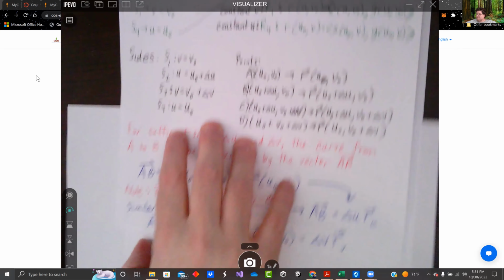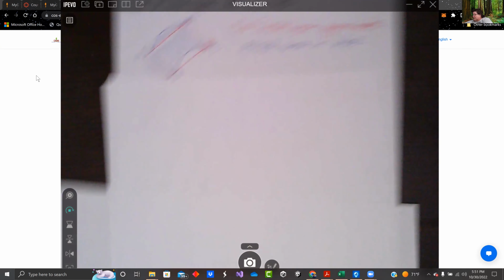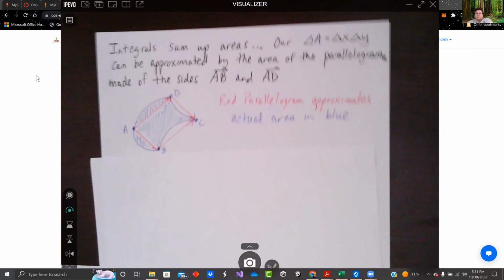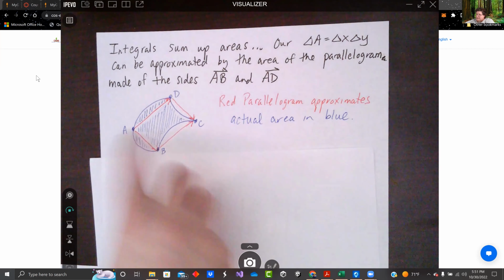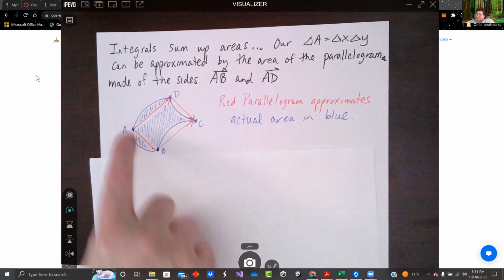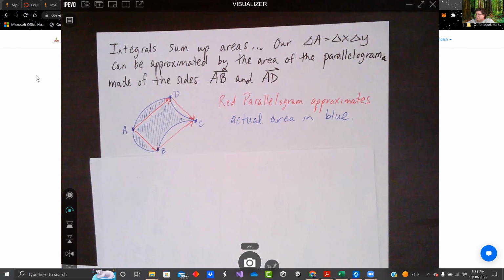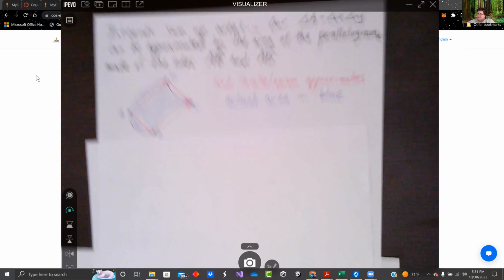So let's bring that up on the next page. Take a look at it. I redrew the picture. So AB is like this, AD is like that, and they approximate these curves as delta goes to 0. The actual area we're looking at is the blue area, but we can make a parallelogram out of it, and we can approximate the area in the blue region with the area of the parallelogram that has sides AB and AD.